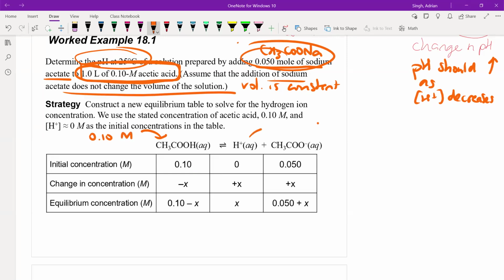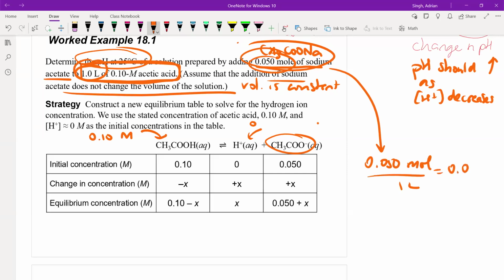And then initially we have none of this stuff. Now we're adding some of the acetate ion. How much are we adding? We're adding 0.050 moles to this, and that's in how much volume is added to 1 liter. Okay, so the concentration there would be 0.050 molar of the acetate ion.